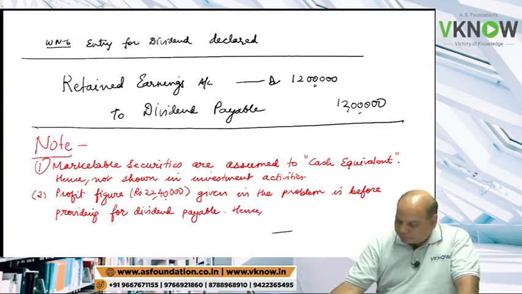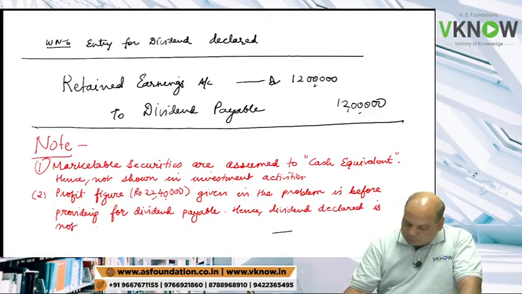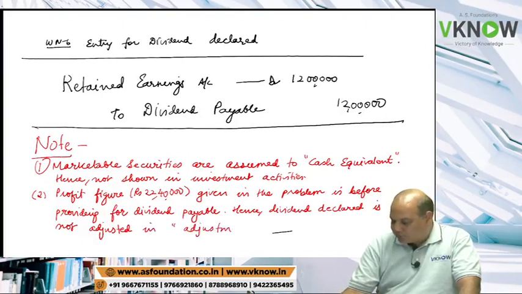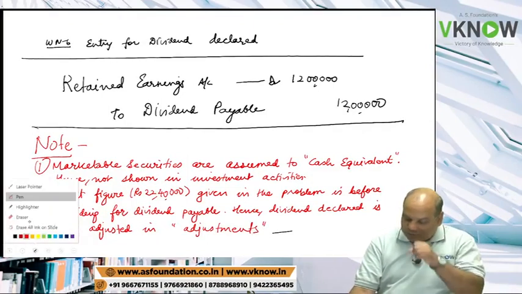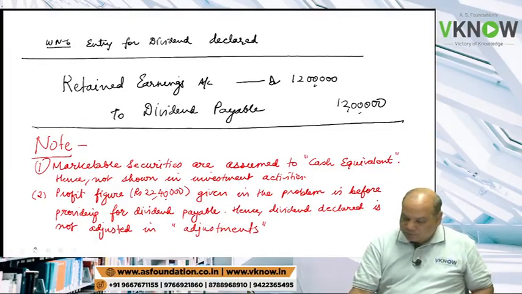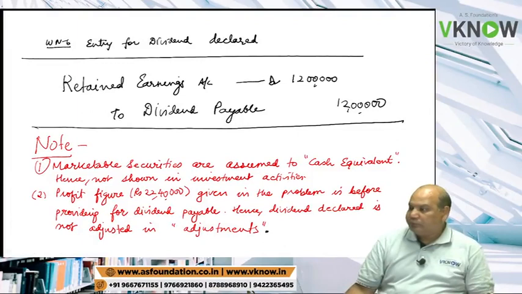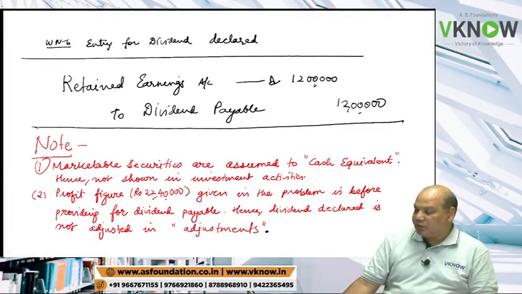Hence, dividend declared is not adjusted in adjustments. Hence, dividend payable or dividend declared is not adjusted in adjustments.